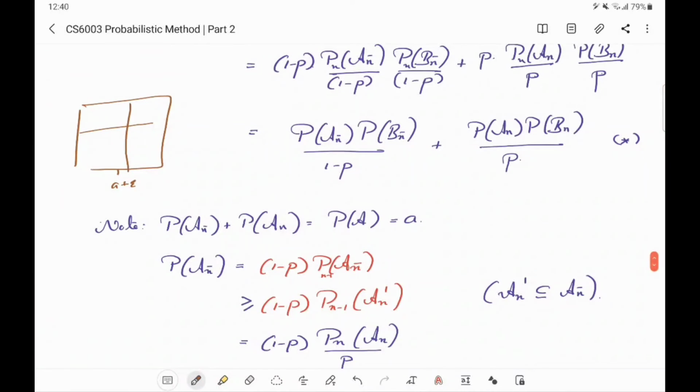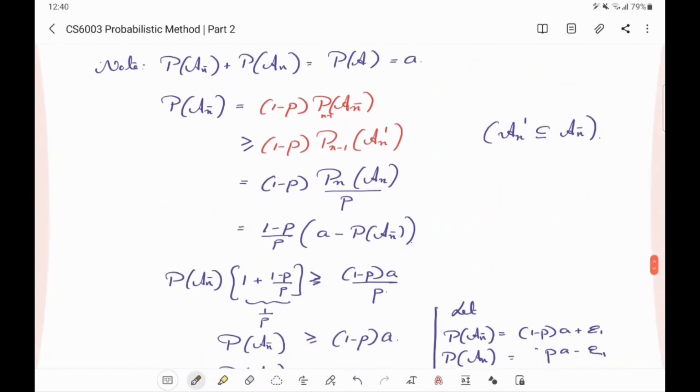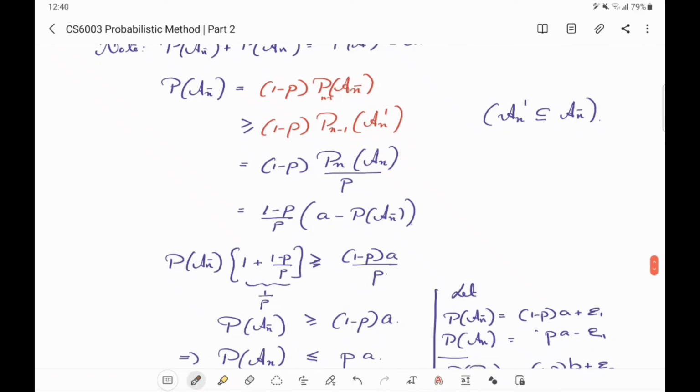If you actually do the computation, you will see that the best place to do a split happens to be 1 minus p times a plus epsilon versus p times a plus epsilon. Even if you add both of them, you will again get back a.